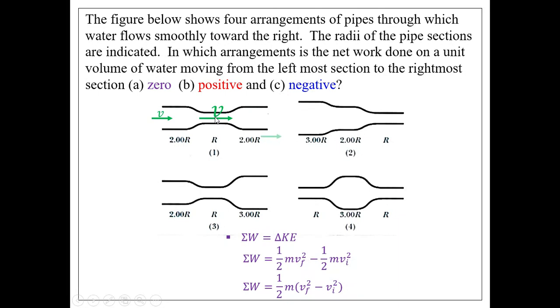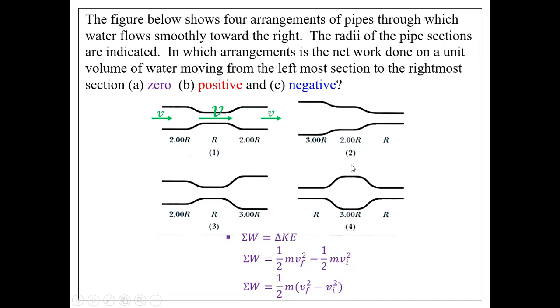But then when it goes into the third section here, the cross section is the same as it was before, so the velocity will drop down to what it was to start. While it sped up during this middle segment, it went back to its original speed. So really, in this diagram, there is no change in v. If there's no change in v from start to finish, then there is no change in kinetic energy.